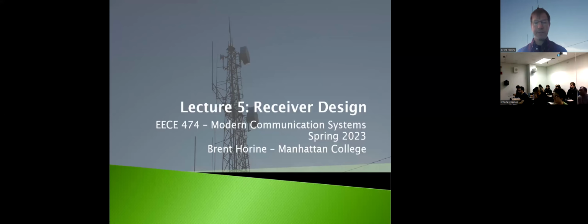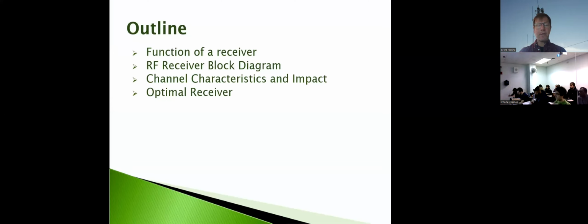So lecture 5, receiver design. We'll talk a little bit about the conceptual function of a receiver. We touched on this in our first lecture. We'll go a little bit deeper and talk about RF receiver block diagrams. It's more of a circuit approach, but it will help you understand where some of the impairments come from. We actually assume some other engineer has handled all that part of the process, and we'll focus on things after that first level of processing.